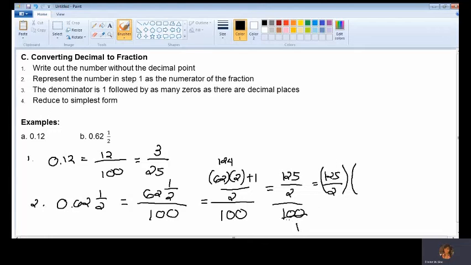And then you're going to do the inversion or reciprocal of this, that is 1 over 100. And that will give you an answer of 125 over 200. Is this in lowest form? No, it is not. So that is 5 over.